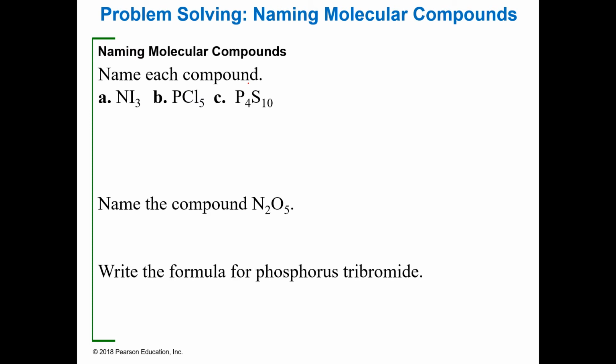For example, all right, let's look here. First, I need to recognize that it's a molecular compound, so 2 nonmetals. So I'm going to name it. I have a 1 here, so I don't need my mono prefix. So A is going to be nitrogen.